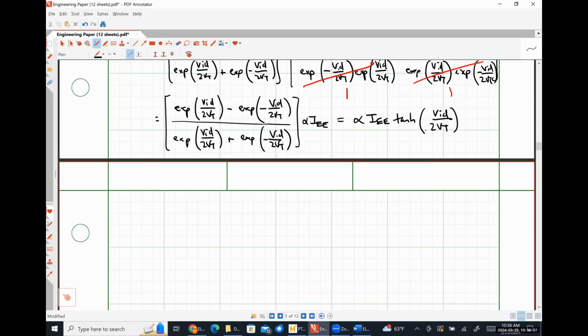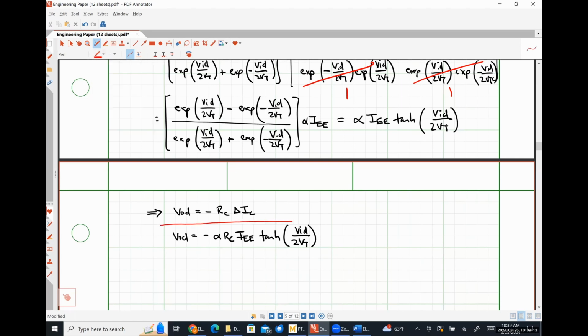Using that, we can recall from the beginning that our differential mode output voltage was negative RC times the change in our collector current, or negative alpha RC IEE times the hyperbolic tangent of VID over twice VT.